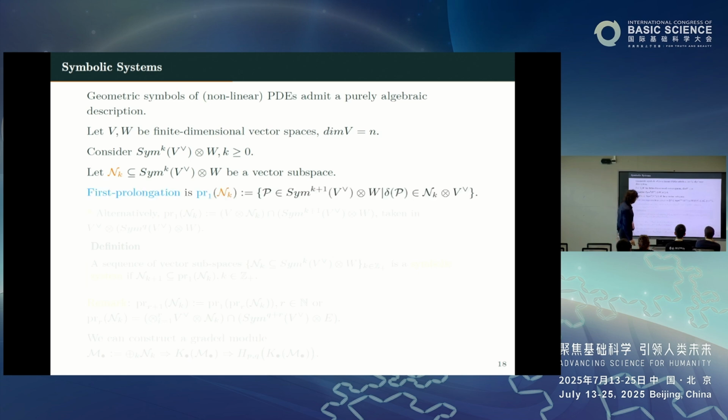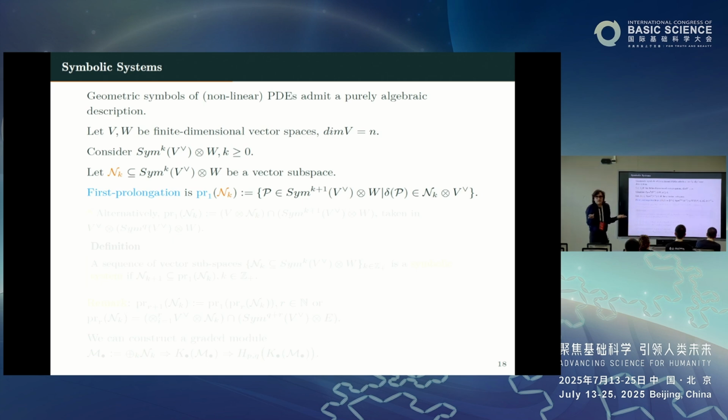And then you can abstractly define the notion of prolongation. So prolongation is all things that you see. These Sym^k sit inside Sym^(k+1) V dual times W. And the way you get these things, you construct the de Rham polynomial complex for them, and you want the image of the de Rham differential to sit inside N_(k+1) V W. If this is the case, this subvector space is called the symbol.